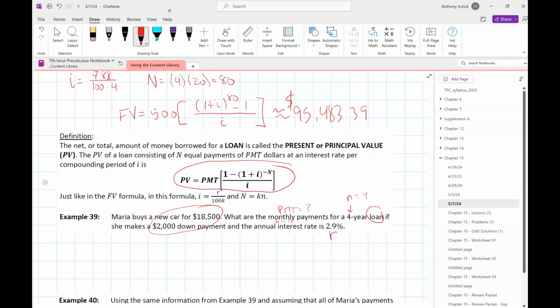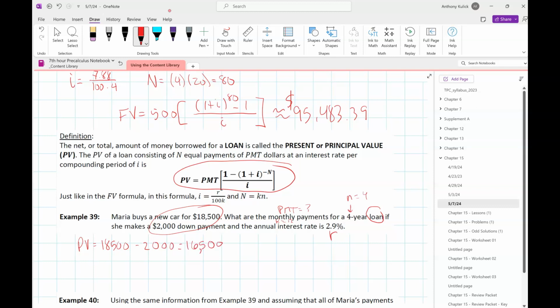It says the car cost $18,500 and we make a $2,000 down payment. So how much money do we actually borrow? 16,500.